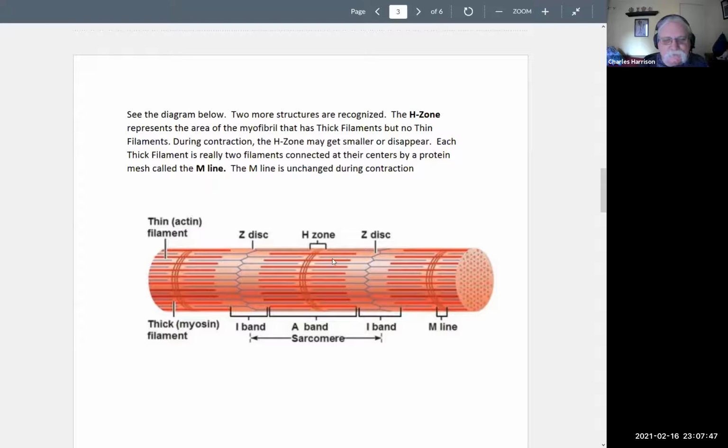Picture this as a person here, the A band, with arms stretched out, cords to this wall and to this wall. Now, tighten your chest muscles and pull this wall in. Pull that wall in. They don't break or anything.